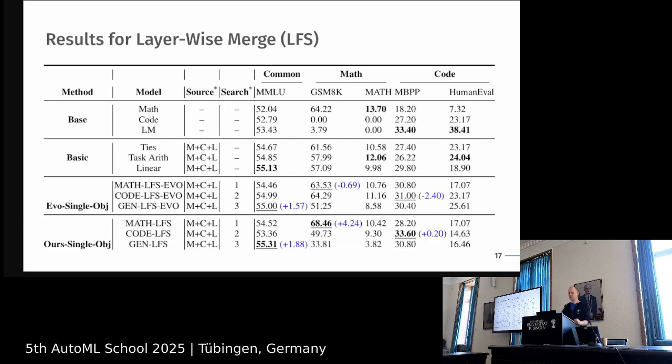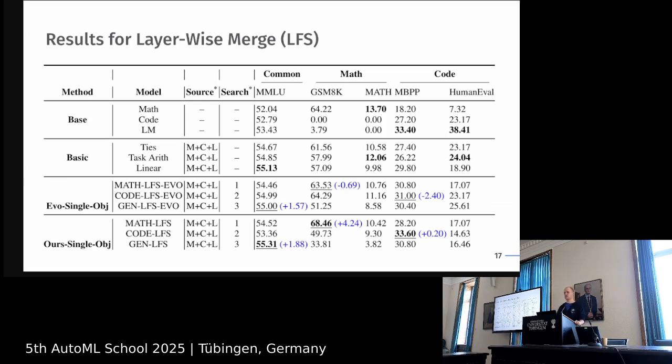And then if we look at benchmarks, this is a bit of a long slide, so I'm going to point out a few fun things on it. What's interesting is that we can improve performance on this math benchmark, because this math checkpoint, which you see in the first row, is already fine-tuned to be good on math.